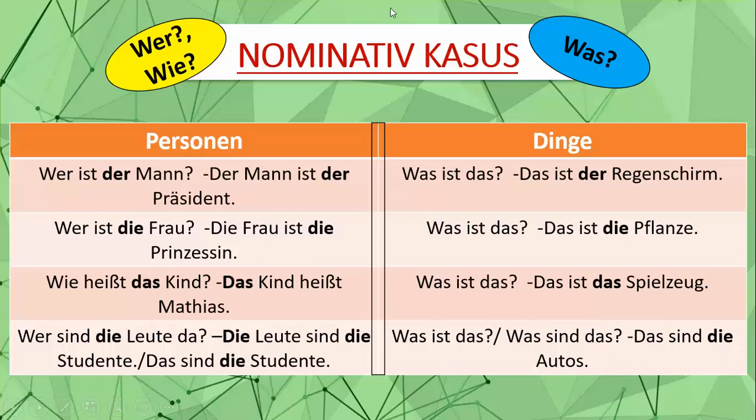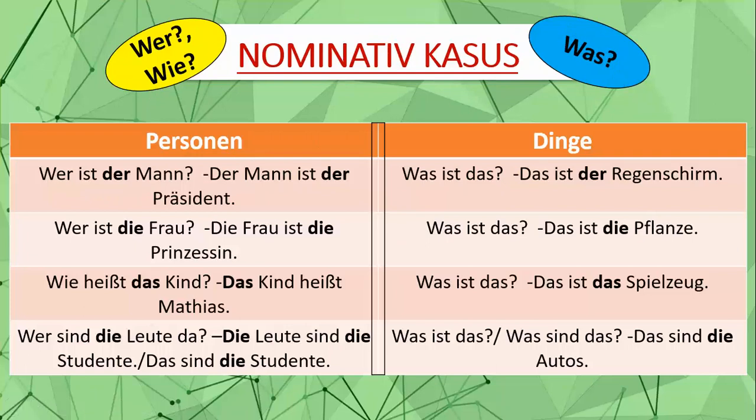So the way to recognize that the nominative case is being used is the use of the question wer or wie sometimes and was. Wer or wie for persons and was for things.